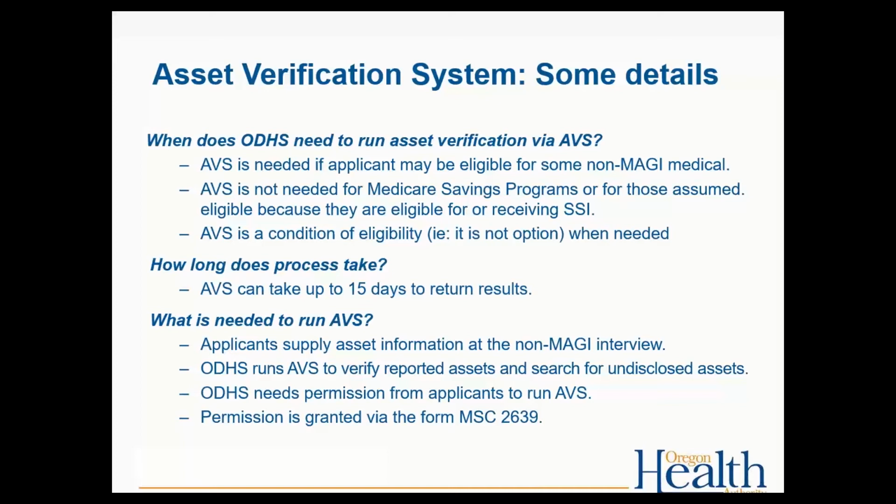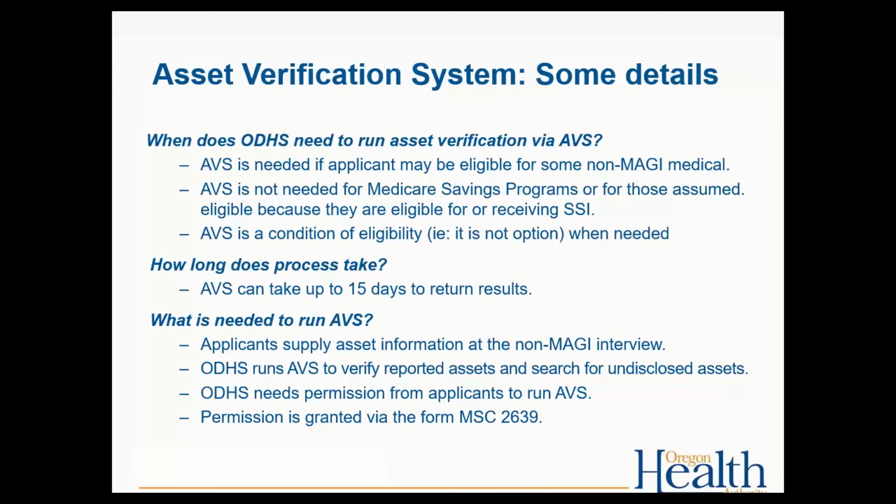Now, here's the tricky part. To run AVS, and we do lots of checks in the system, right? We ping all sorts of systems all the time to verify what the clients are reporting. But for AVS, we actually need a form. We need permission in order to run AVS.